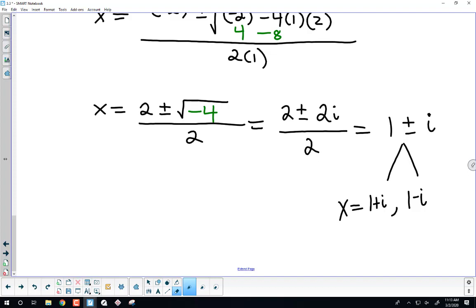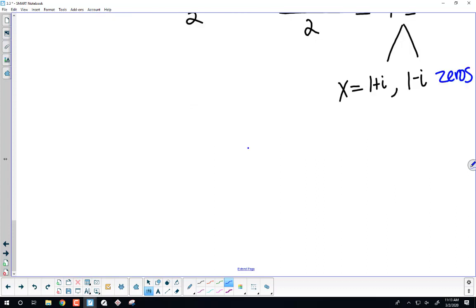But with these zeros, remember, we're trying to factor the original function. We have zeros here. What are the corresponding factors? So we get two factors from our two zeros, but what are they?